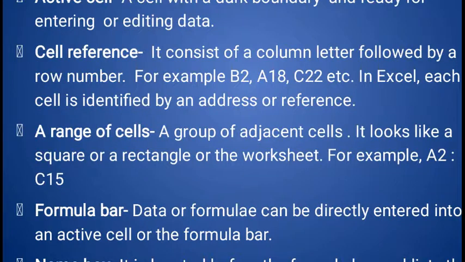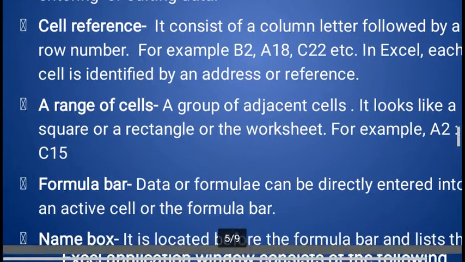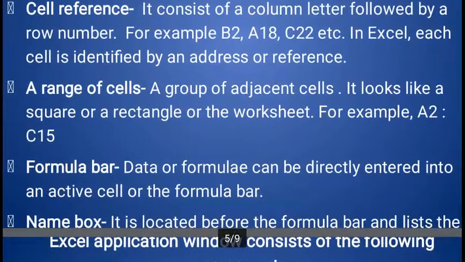We can say this is a cell range. It looks like a square or a rectangle on a worksheet. For example, A2 to C15 means start from cell A2 and all the cells up to C15 will be selected in a square or rectangle selection style.